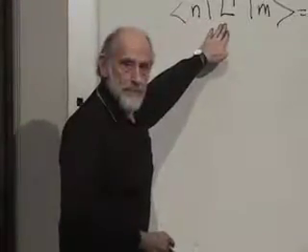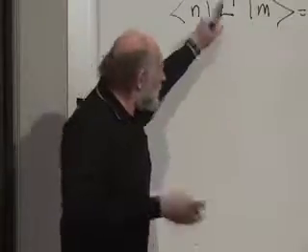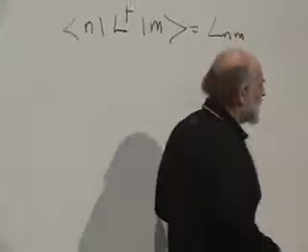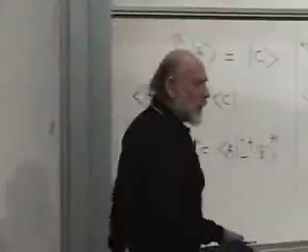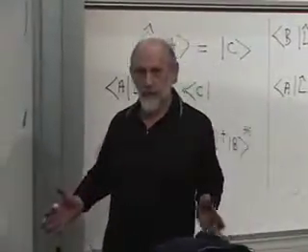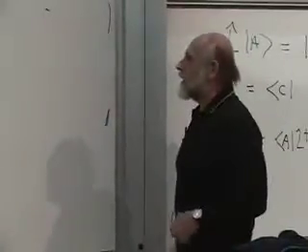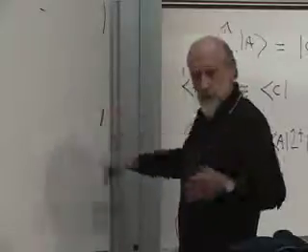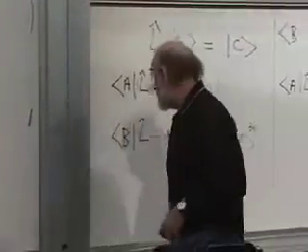Yeah? Are you assuming finite dimension? For the moment, let's assume finite dimension. I am assuming finite dimension, but everything I say also applies to the infinite dimensional case. So you can think of taking the limit where the dimension of the vector space gets very, very big. Okay.